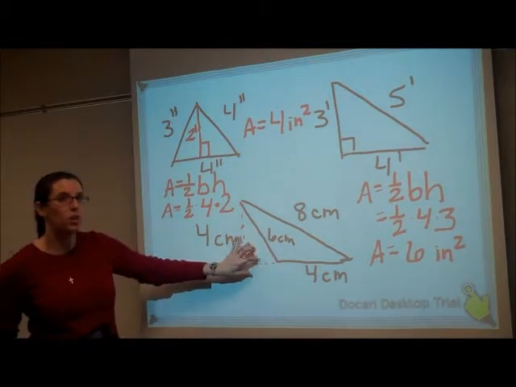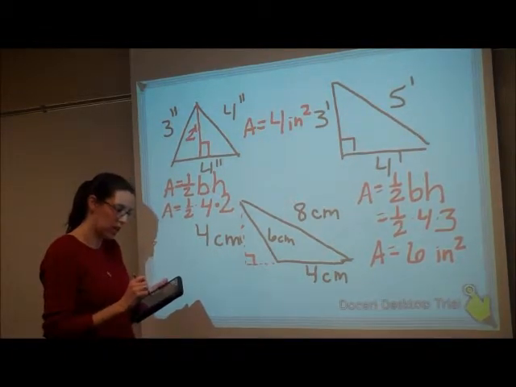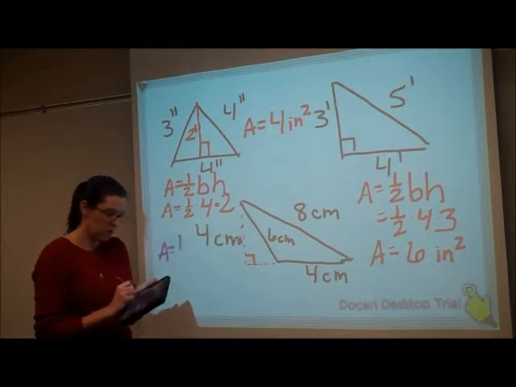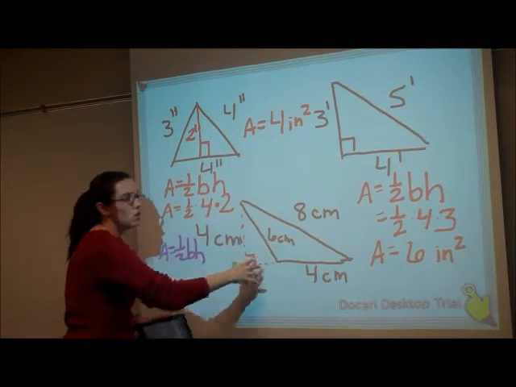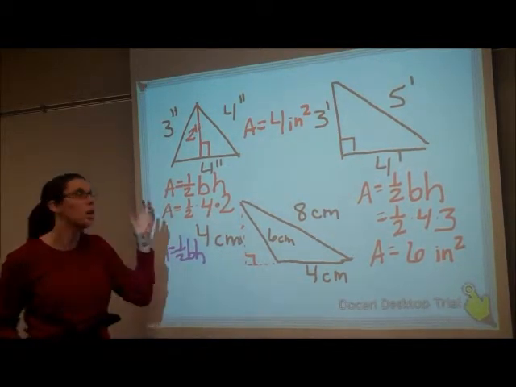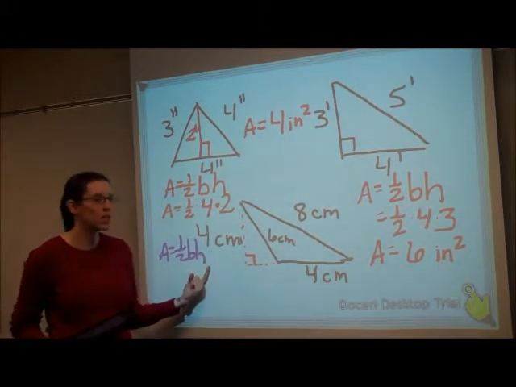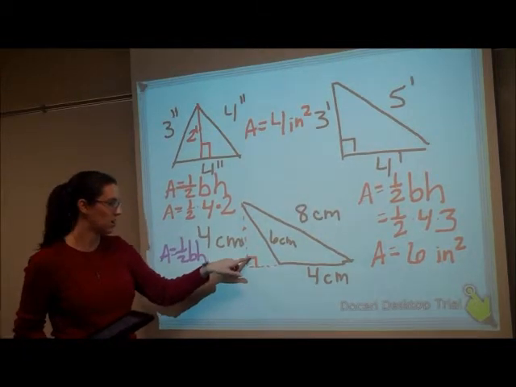Now, go into this one. I'll change colors because I'm getting kind of colorful up here. So the area is 1/2 base times height. So in this triangle, I'm looking for the side of the triangle and a distance that's perpendicular to it, that's the height. So here's my perpendicular sign.